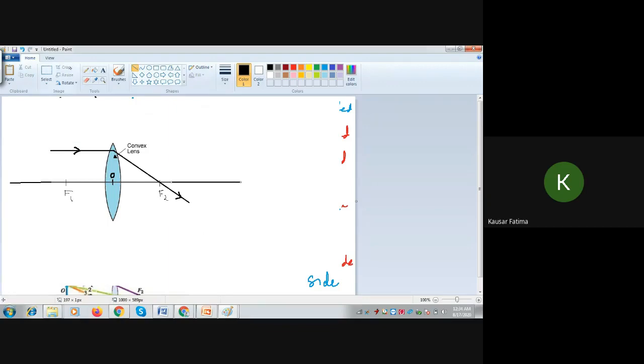So this is your 2f, this is 2f1, and the object is placed somewhere here.